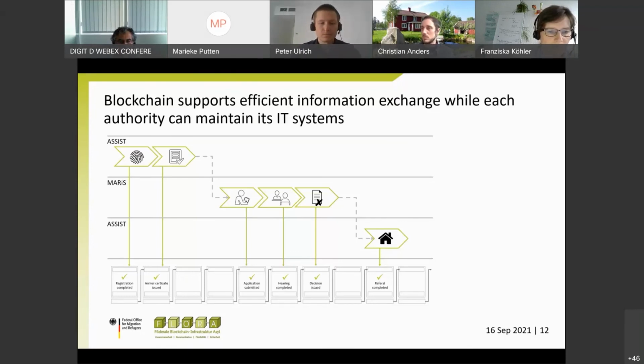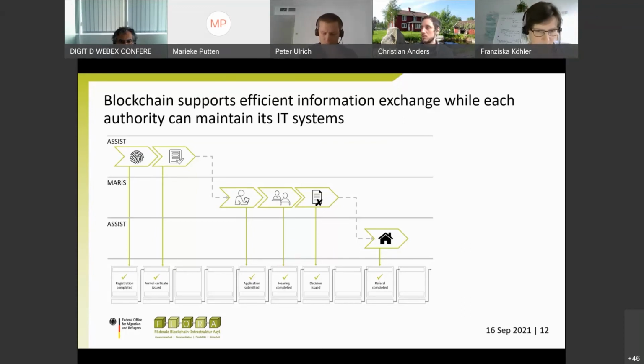to BAMF, to the federal office, and the system at the federal office is called MARIS, a workflow management system, a huge database used in the asylum process. And certain further steps are managed within this system, as you can see here with the three steps. And while processing, the information is stored in and read from the blockchain too.